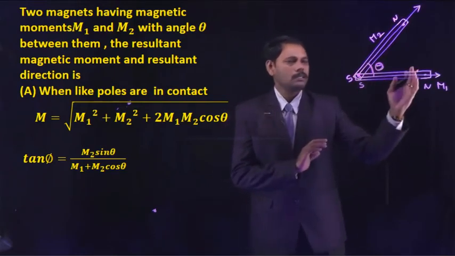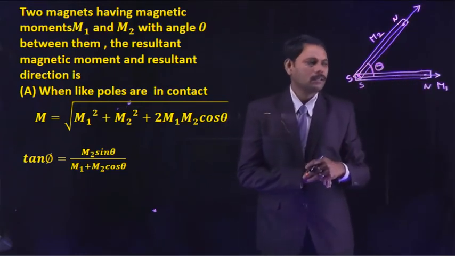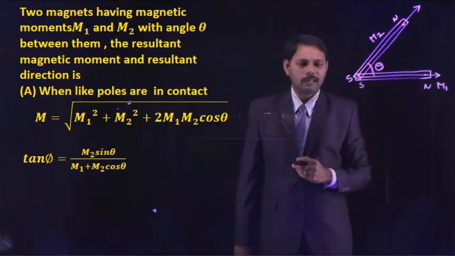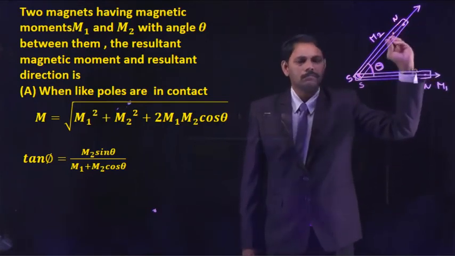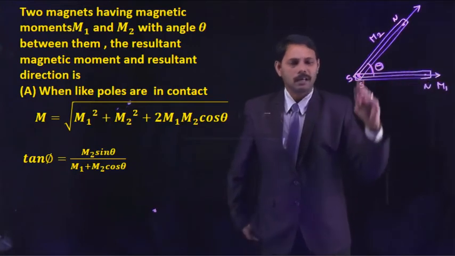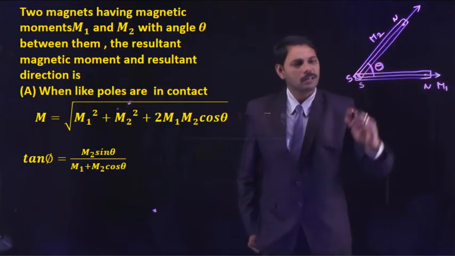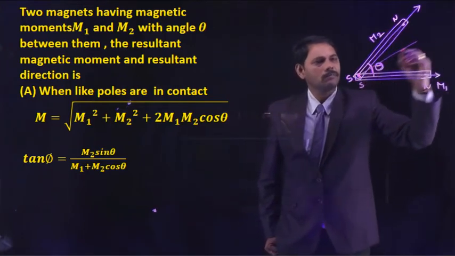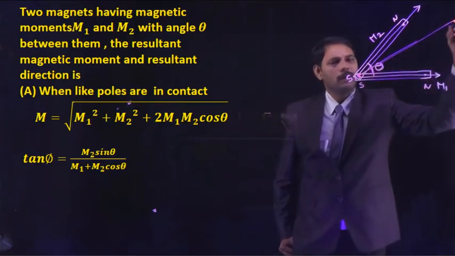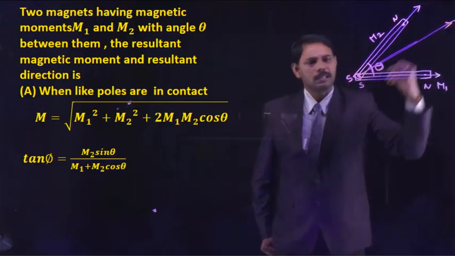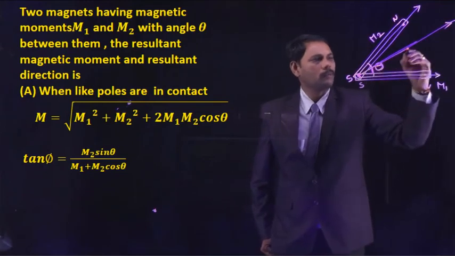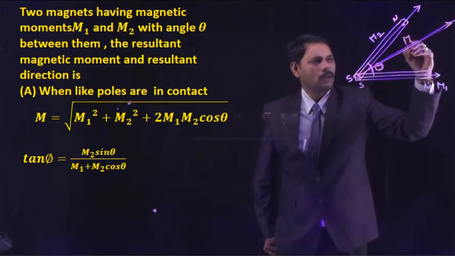Magnetic moment is a vector quantity. So when you construct a parallelogram formed by these two vectors according to the parallelogram law of addition of vectors, the diagonal of the parallelogram gives the resultant magnetic moment.